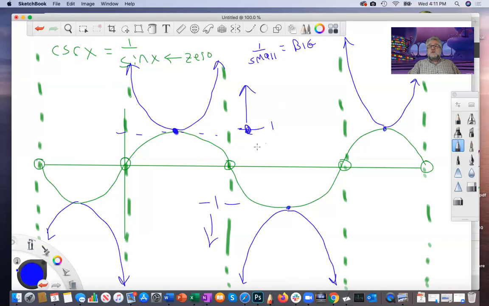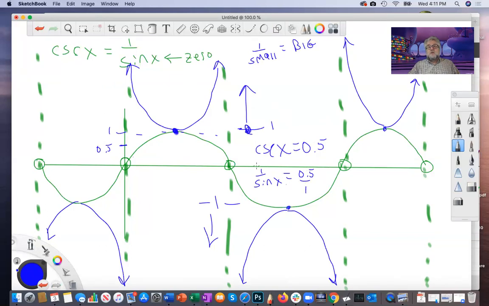You will never see cosecant x equal to 0.5. Because at 0.5 here, if this is 1, the cosecant graph doesn't even exist. If you try to calculate this, I would write 1 over sine x equals 0.5.